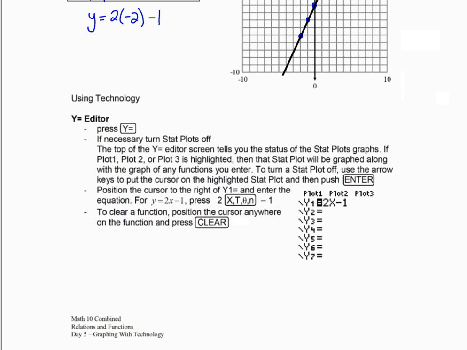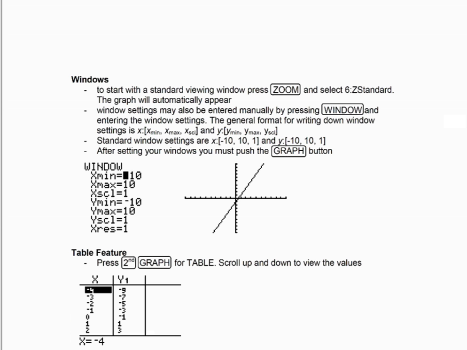Okay, so if you forget how to do what we just did, it's right here. Those are the instructions. So let's look at the next page. Let's talk about windows.